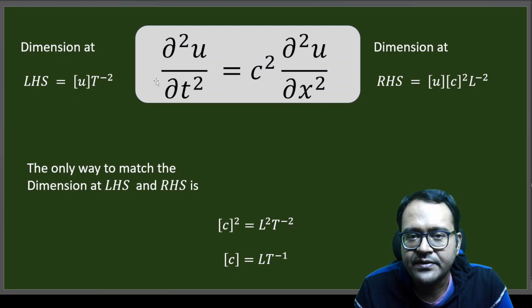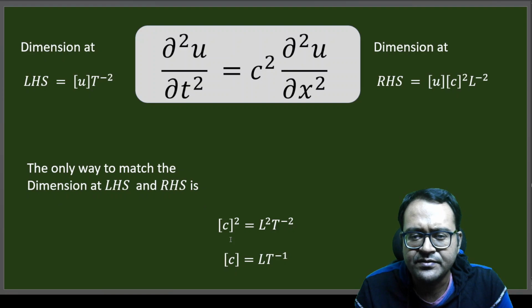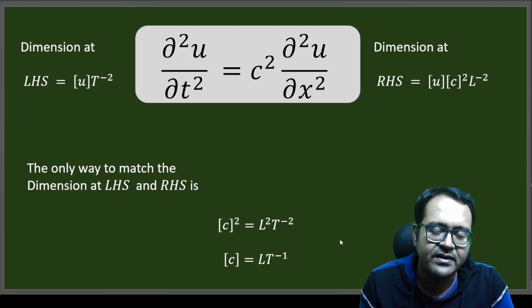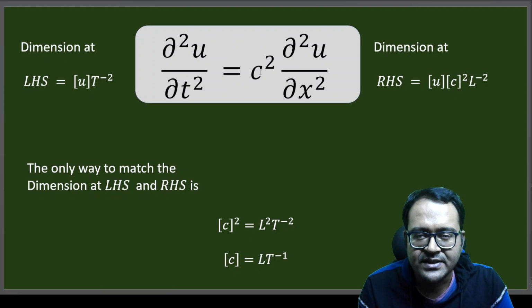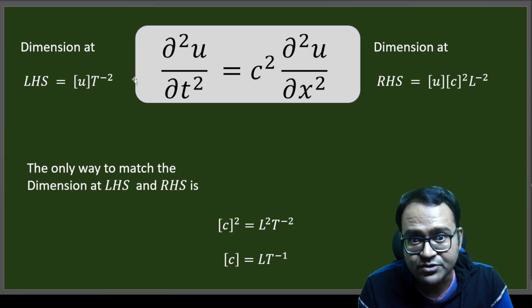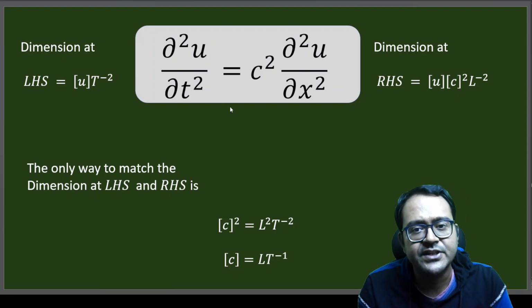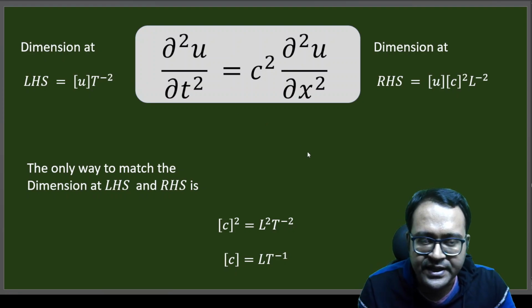The only thing you consider is that the dimensions of LHS and RHS should be the same. So that directly gives you the dimension of c square as L square t to the power minus 2, and the dimension of c is L t to the power minus 1. So c is nothing but velocity. If at any point of time you forget whether c square is multiplied with del square u by del x square, or with del square u by del t square, you just do a simple dimensional consideration and you'll get the result. I hope this is very clear.